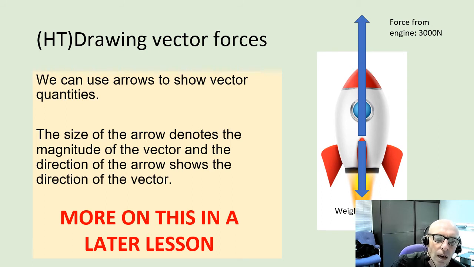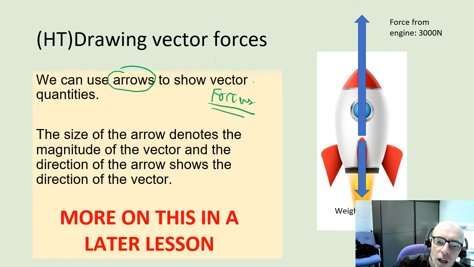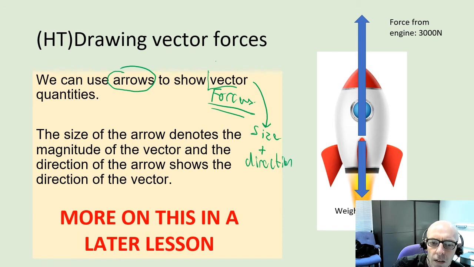Now, arrows. Forces, remember, are all vectors. And that means because they have a size and they have a direction, that means that a vector, like a force, can be shown in a diagram.